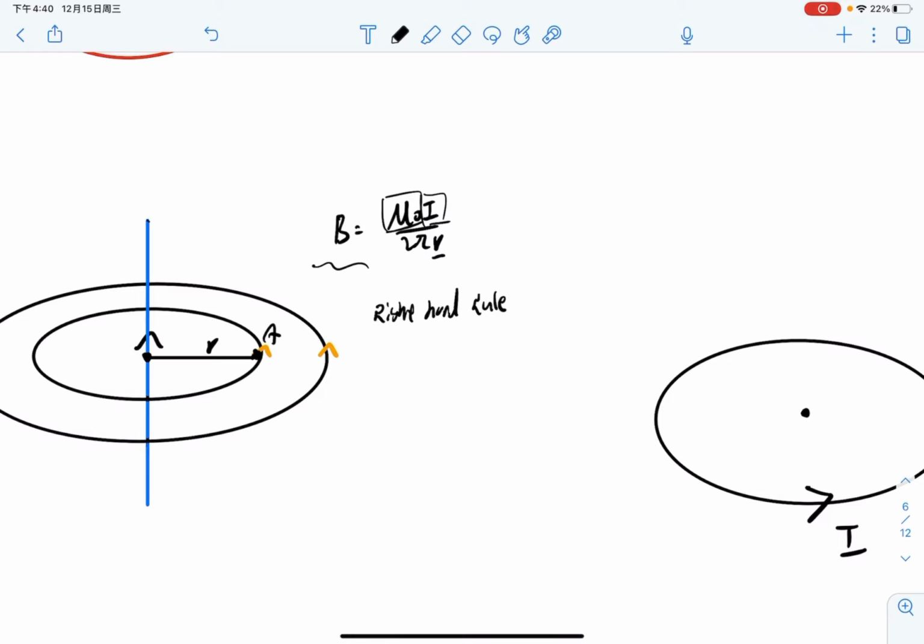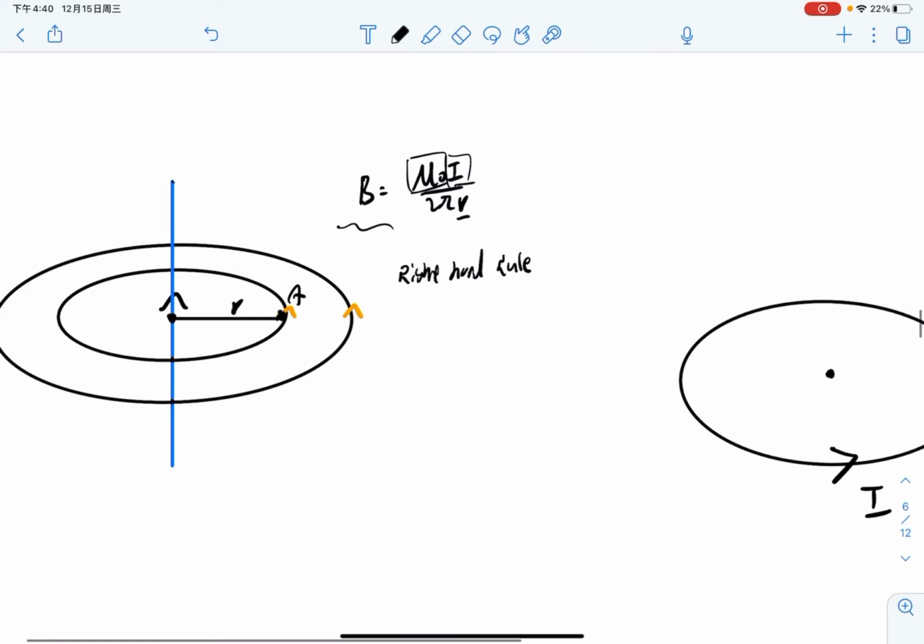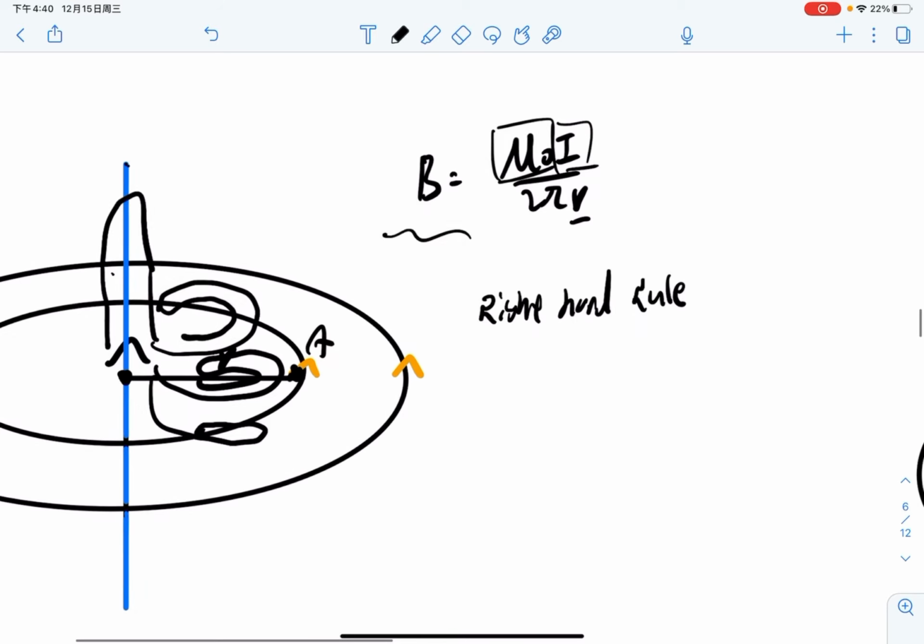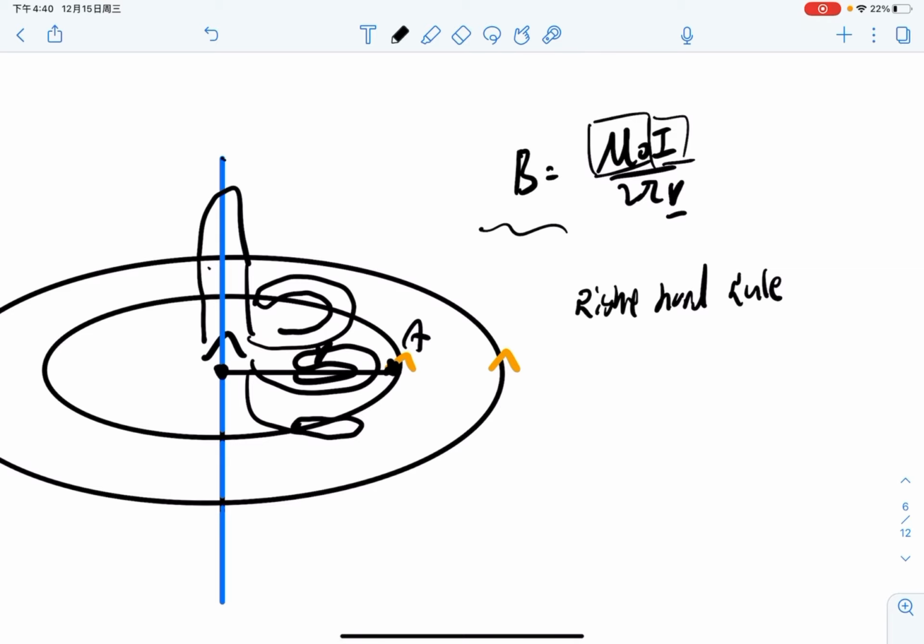Which stated that the direction of the current is your thumb, and you use 4 fingers, which bend towards a wire, and the direction of the fingers is the direction of the magnetic field.